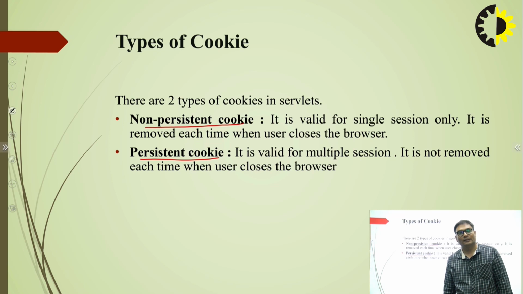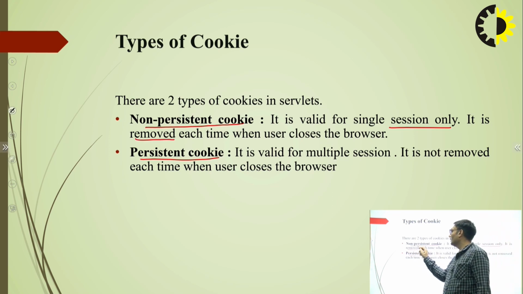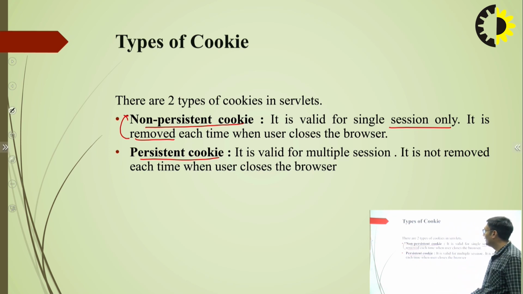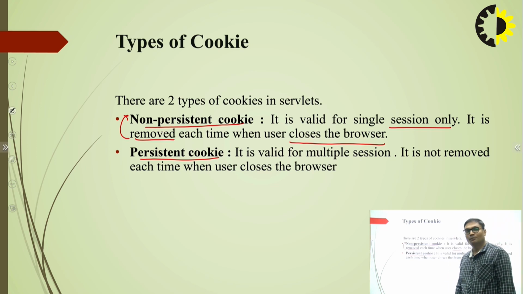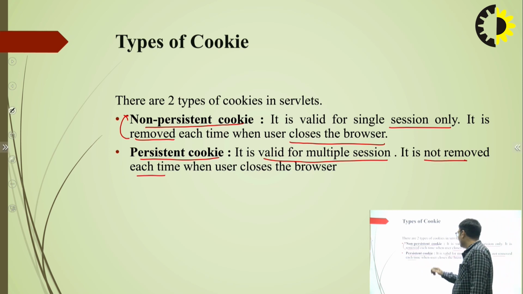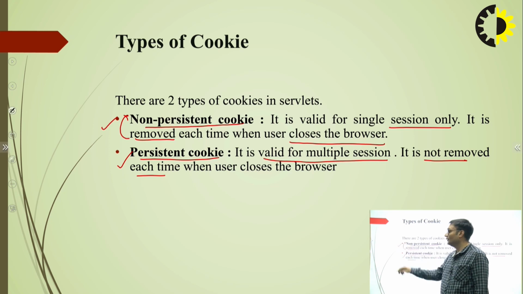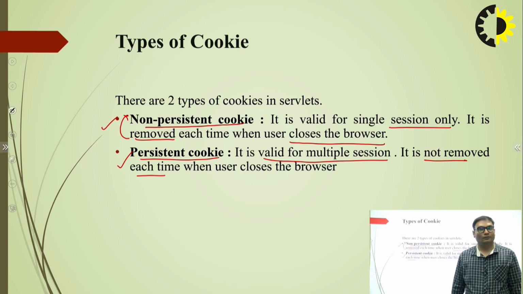Non-persistent, as its name says, is valid for a single session only, and it is removed each time the session gets closed or the browser gets closed. A persistent cookie is valid for multiple sessions, and it is not removed each time the browser is closed by the user. So it remains in storage.